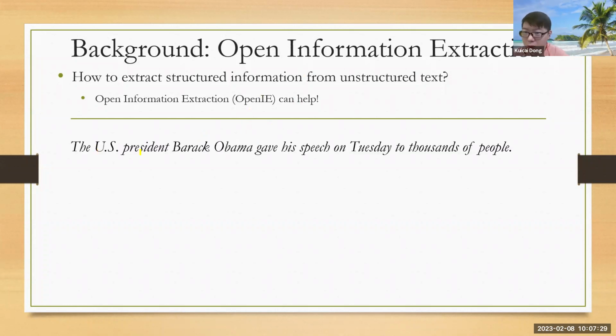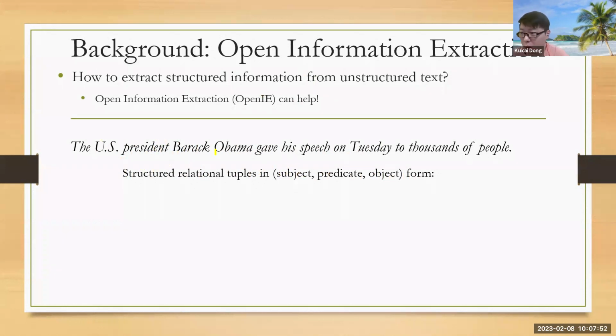Given this sentence, the US President Barack Obama gave his speech on Tuesday to thousands of people, we desire to have structured relational tuples in a subject, predicate, object form. In this sentence, we want to know who Obama is.